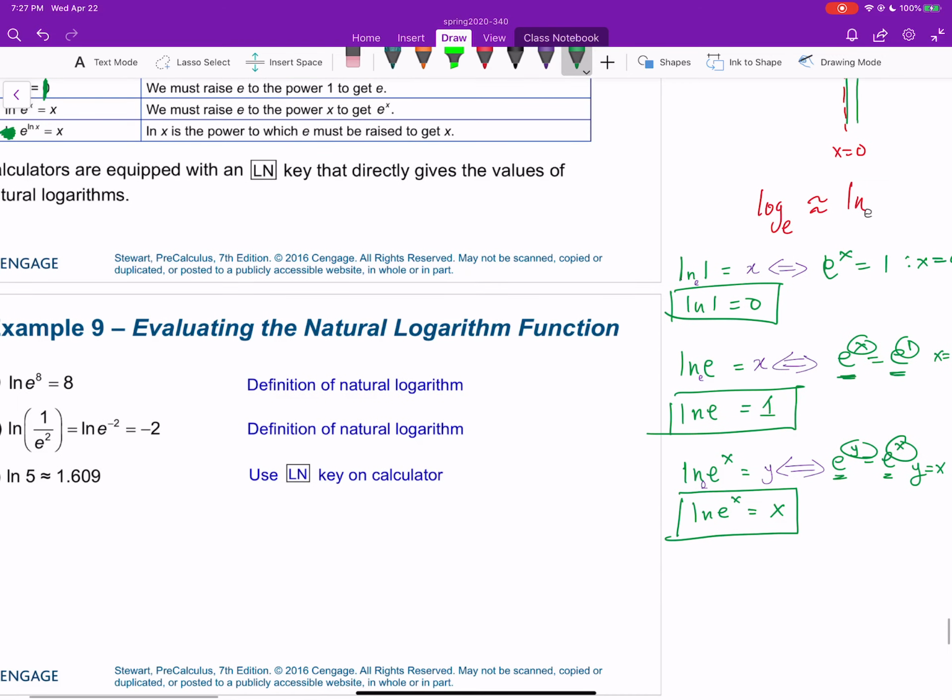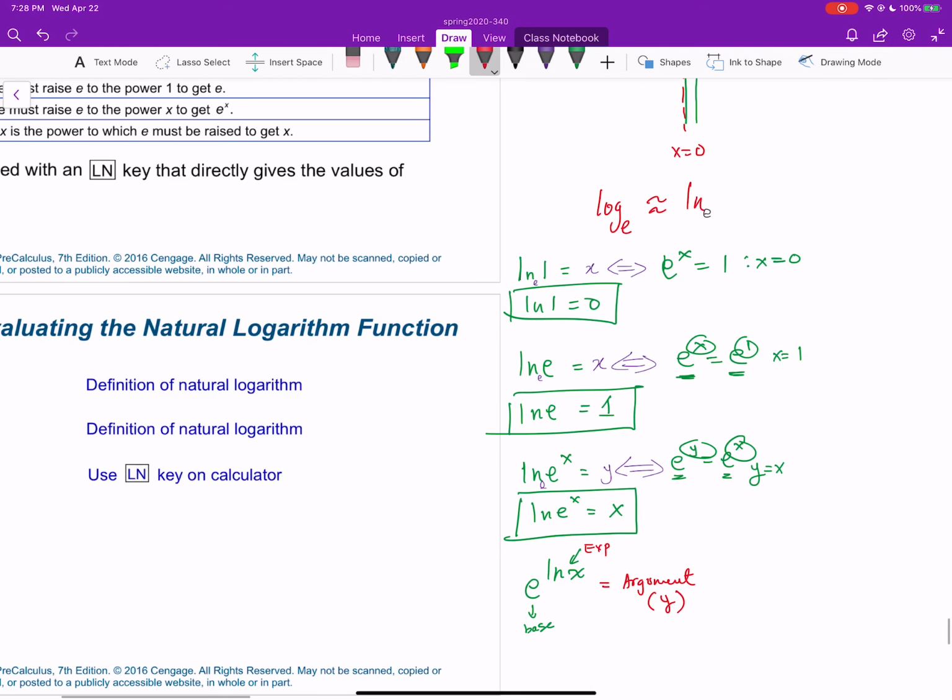And then lastly, we have e to the ln x. What is that equal to? So now this is no longer a logarithmic expression. It's an exponential expression whereby e is the base and then ln x is the exponent. Sorry, my bad. That's the exponent, and that should return us back what? An argument. So let's say the argument is y. So then how do we change this to logarithmic?